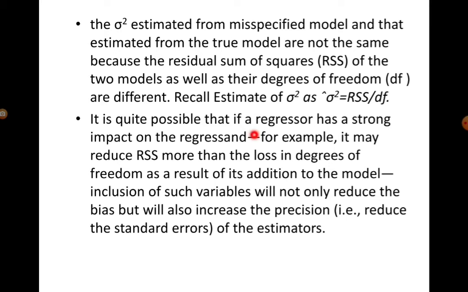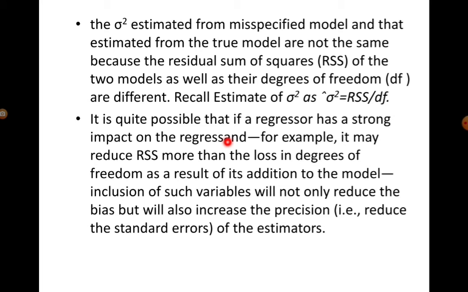It is quite possible, and this is the point that you should remember, that if a regressor or an explanatory variable has a very strong influence on the y variable, then it may reduce your residual sum of squares. If you remember, residual sum of squares is basically that part of variance in y variable which is not being explained by the variance of the x variables.